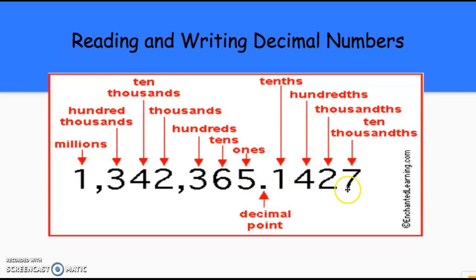Then we go over here to the right, and we focus on the tenths, which is right next to the decimal. Notice it follows a similar pattern here after the tenths with the THS because it's less than 1. We have the hundredths, next is the thousandths, and then we have the 10,000ths.